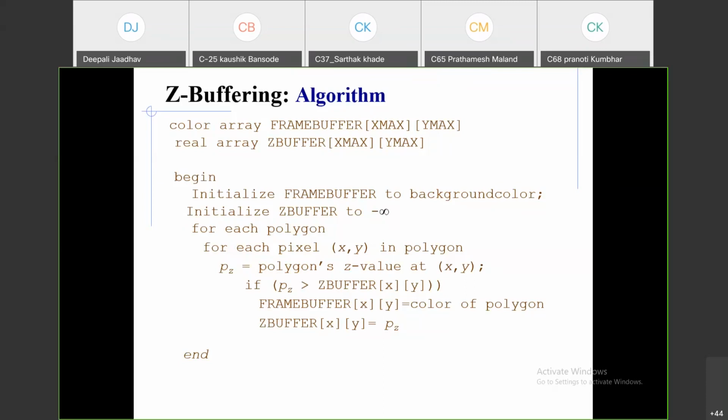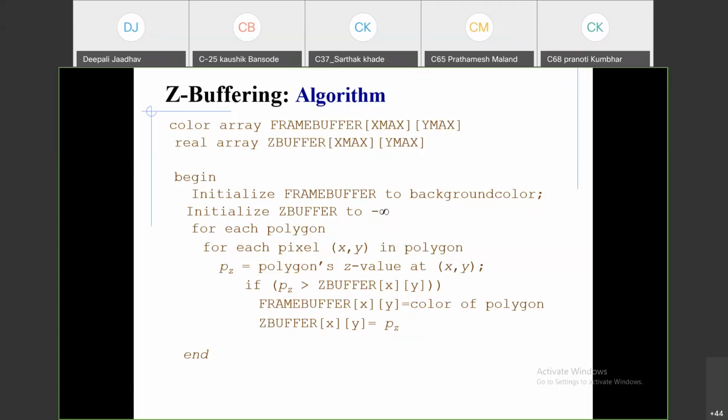Whatever the background color is, it is decided. Then initialize the z buffer. The frame buffer is initialized with the background color. Now the z buffer is initially initialized to minus infinity. In some cases it is initialized to plus infinity, depending upon the algorithm. Here we are considering the z buffer initialized to minus infinity. Minus infinity is the smallest value.